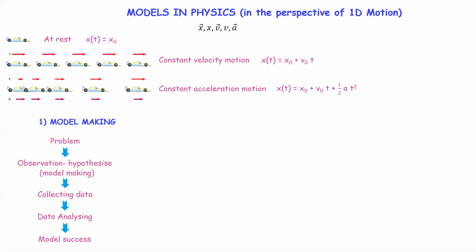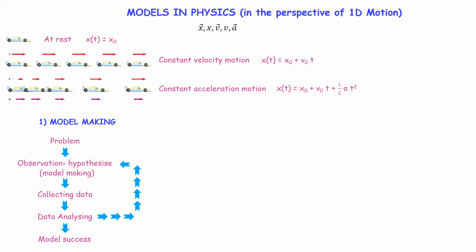In that case, you have to modify your model, because even though it fits the real motion for a few data points, you observe some kind of divergence from the real observation. So your model is not successful for the whole range of motion. Then go back and try to make a new model.